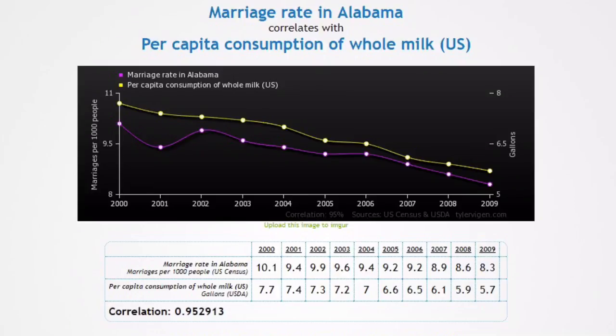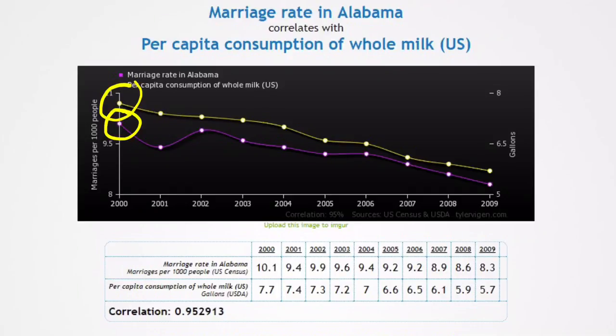Yeah? Or in other words, the more milk we have, for example, in this particular year, the more milk we drink, or the Americans drink, the more marriages there are. The more, the more. So it is a very good positive correlation.